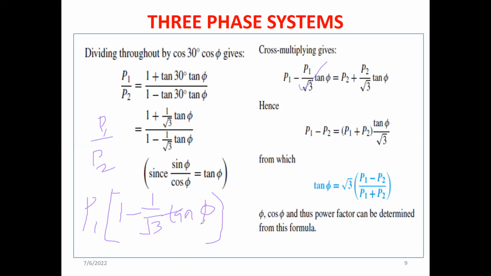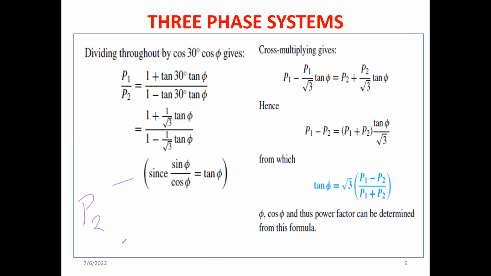Then for P2, you multiply with the numerator, where you have 1 plus 1 over root 3 tan phi. This is the resultant of P2 after simplifying.